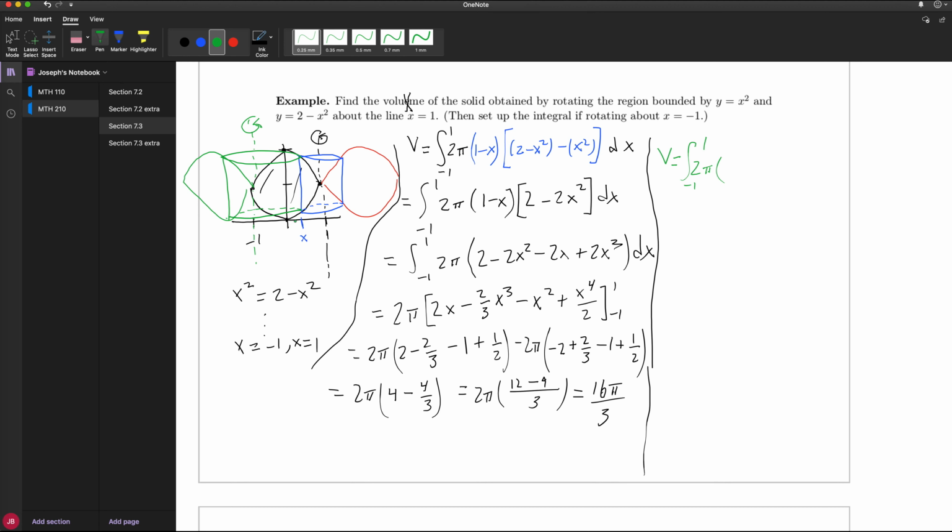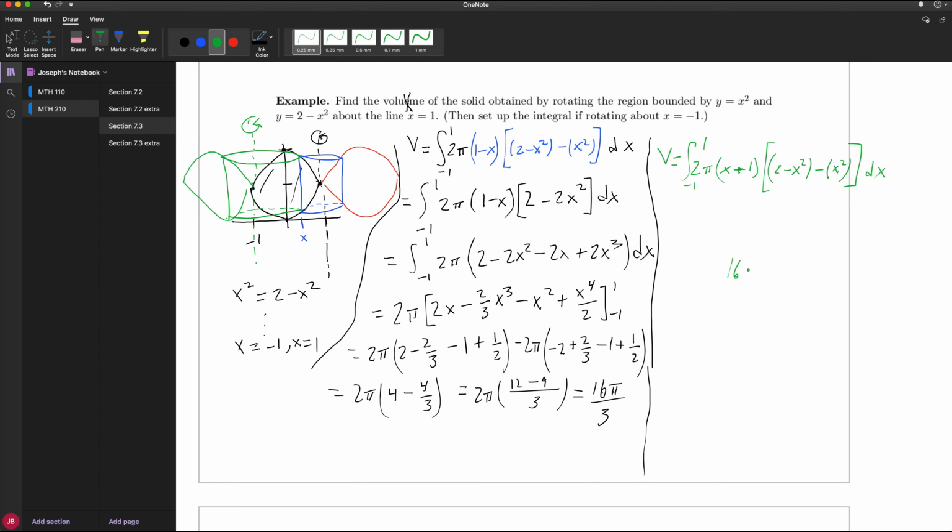The bigger x gets, the farther I get away from my axis, so that's an addition. So it's x plus 1 or 1 plus x, however you want to write it. And now the upper and lower are still the same, so we get 2 minus x squared minus x squared dx. All right, and then I'll leave it for you to work that out.